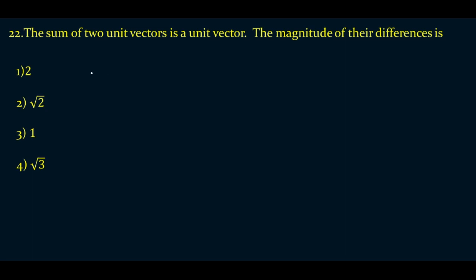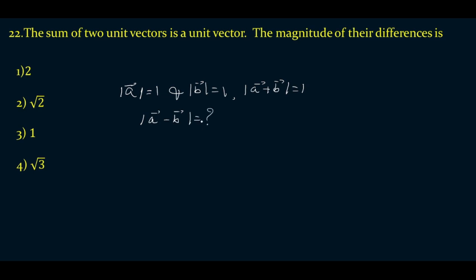Suppose the two unit vectors are vector A and vector B. Unit vectors mean the magnitude of vector A is 1 and the magnitude of vector B is 1, and also given that the magnitude of vector A plus vector B is also 1. Then find the magnitude of their difference, that is, the magnitude of vector A minus B.